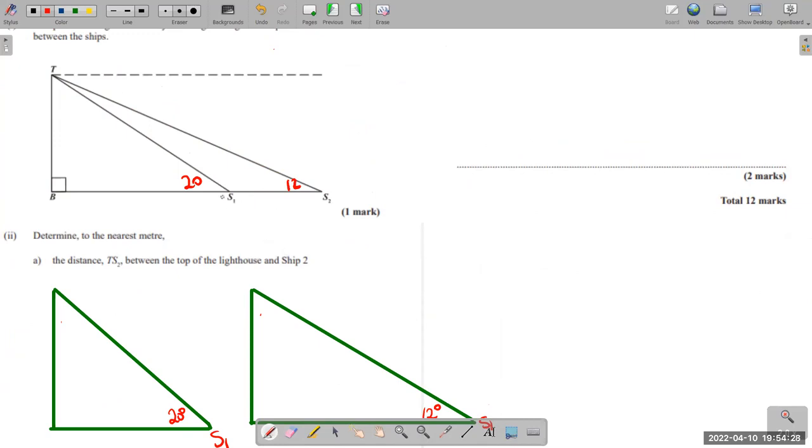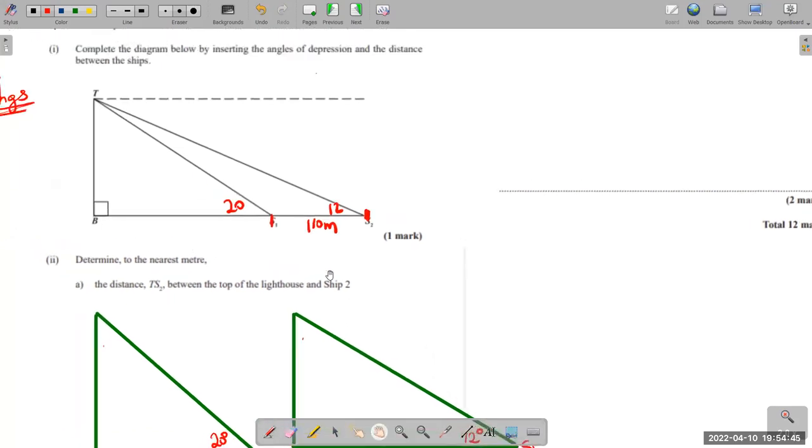Where should I put 110? In between here and here? 110. Yeah? Let me put the angle here.